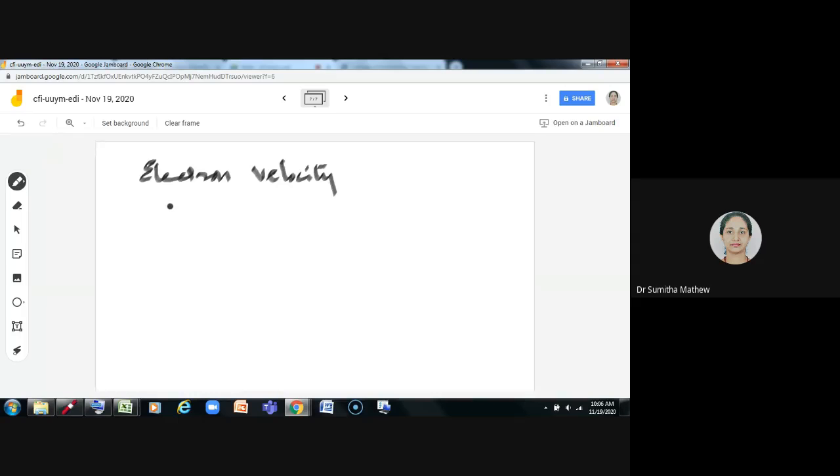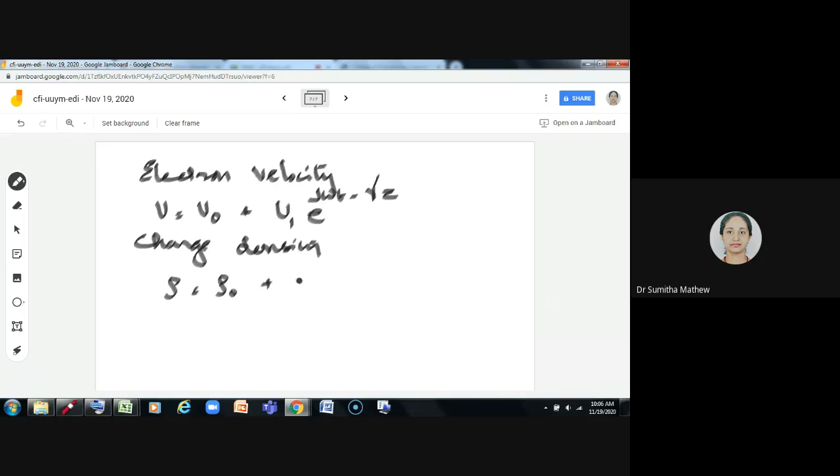let us take the electron velocity as v is equal to v0 plus v1 e raised to j omega t minus gamma z. Then charge density as rho equal to rho 0 plus rho 1 e raised to j omega t minus gamma z.